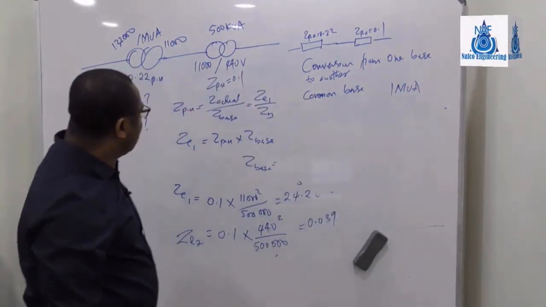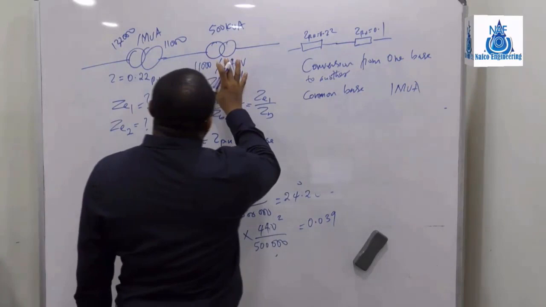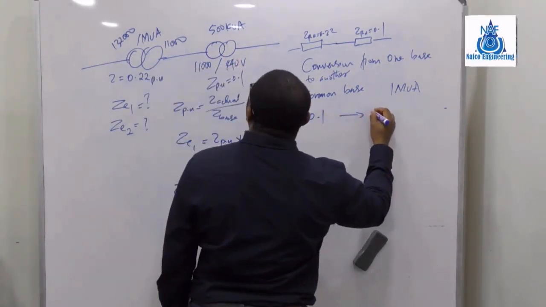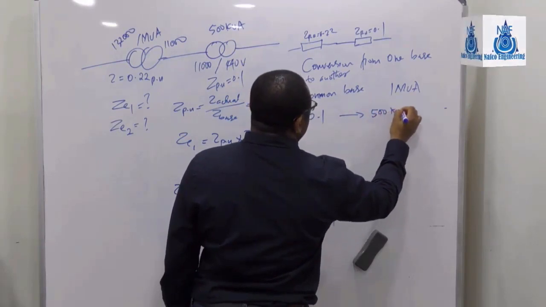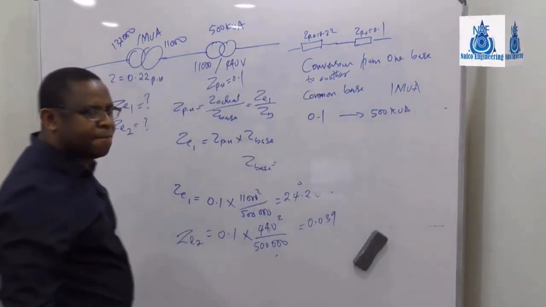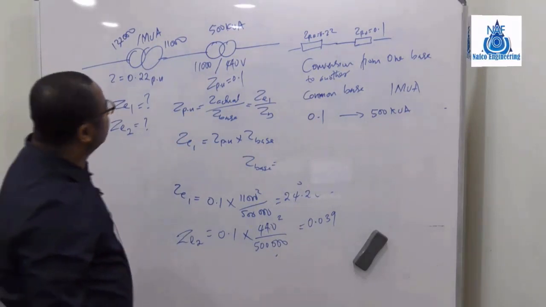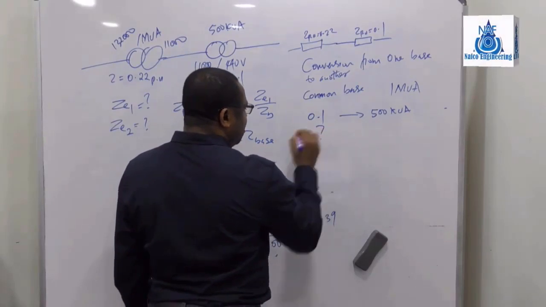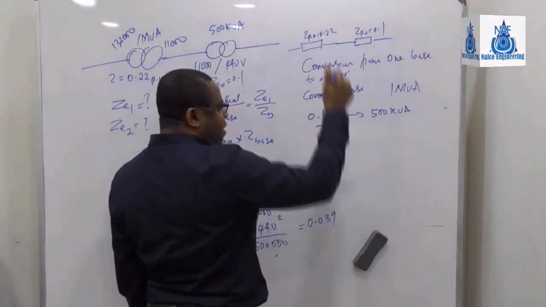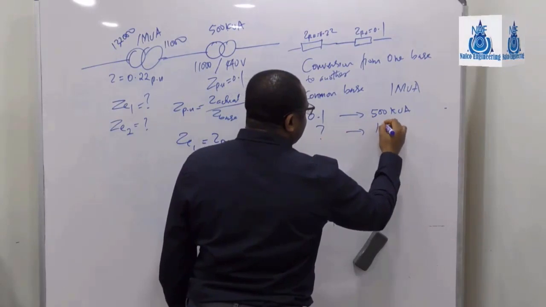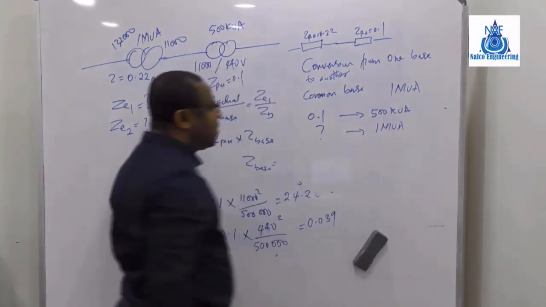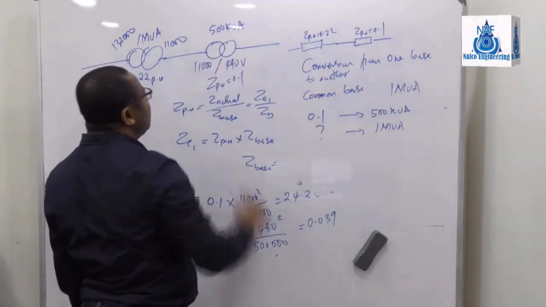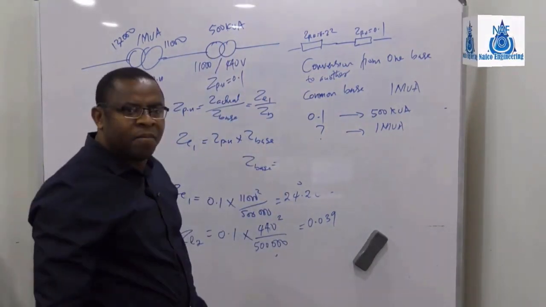This Z per unit, this 0.1 for this transformer, is based on 500 kVA. What will it be if I base it on 1 MVA? If I tell this man I want a 1 MVA transformer, what will the value be?